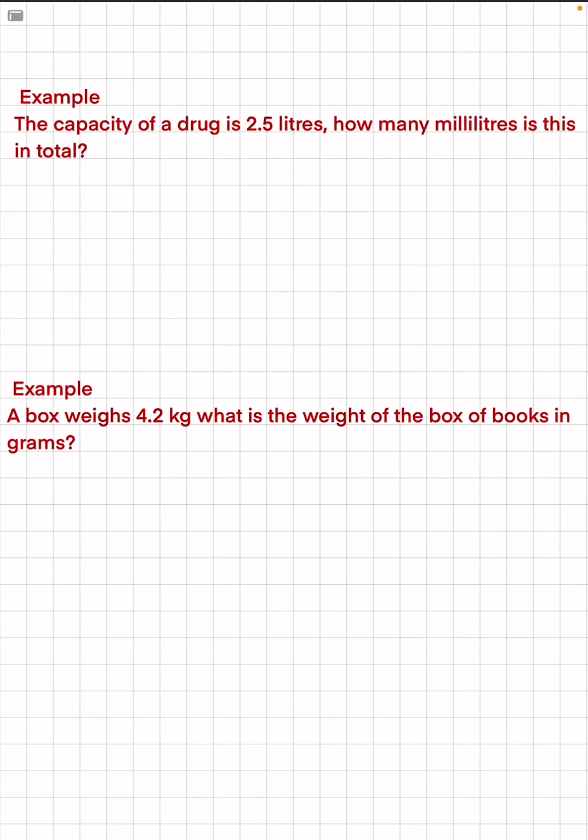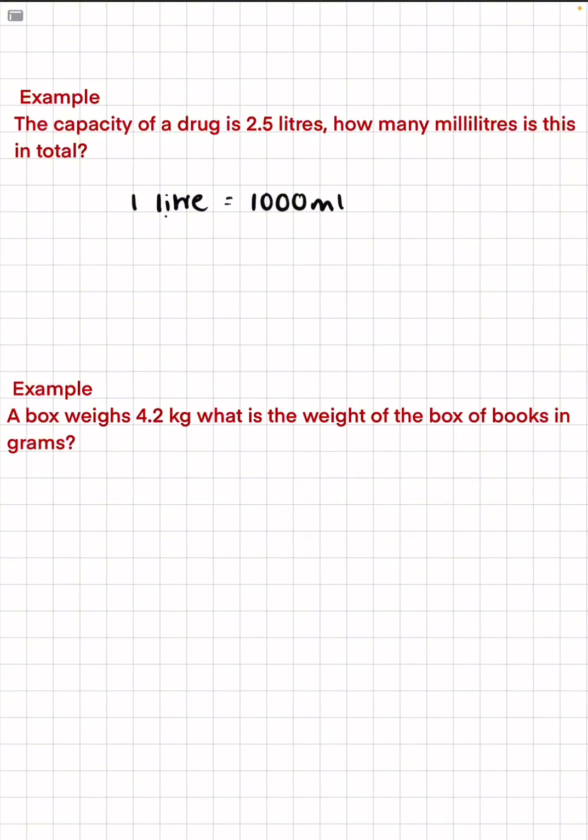Here are a couple of more examples. The first one says the capacity of a drum is 2.5 liters. How many milliliters is this in total? We know 1 liter equals 1,000 milliliters.